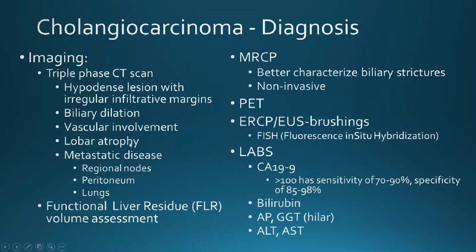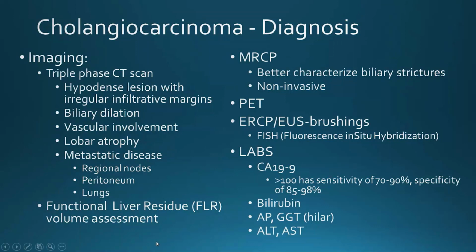Sometimes because of the vascular involvement and also lower bile duct obstruction because of the tumor, we do see lobar atrophy. And also we do see metastatic disease in regional nodes, peritoneum, lungs, and other places.